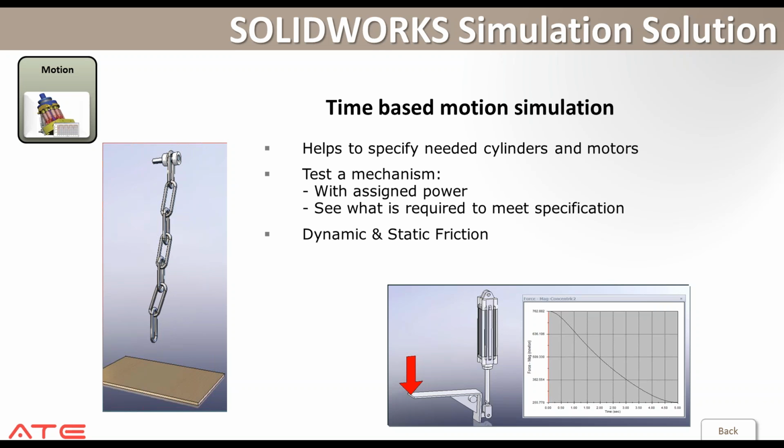An example, on the left hand side, is the chain. This chain is where the pins are being pulled out, and during the interactions, it consists of the frictions between the components, and it also consists of the component damping itself. So these are what you are expecting in the time-based motion analysis.